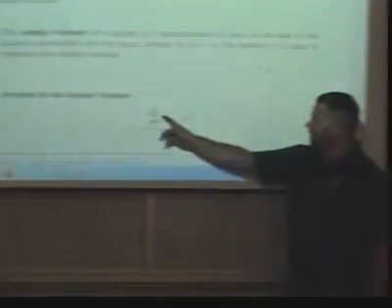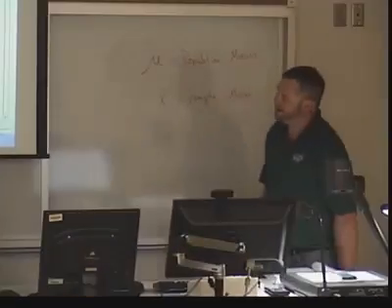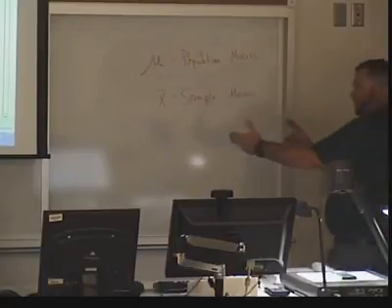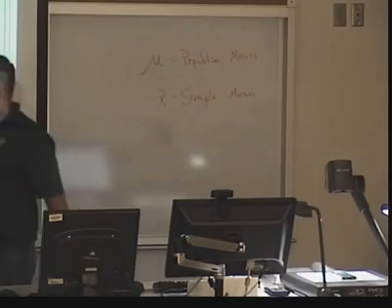So the sample variance is the sum of the squared deviations divided by n minus 1, divided by the size of the sample minus 1. So it's the distance of each point from the mean squared, added together, divided by n minus 1.